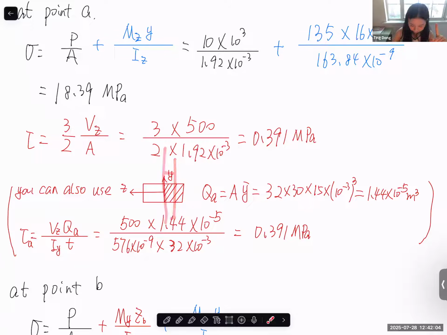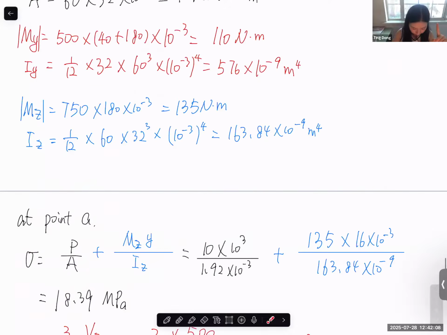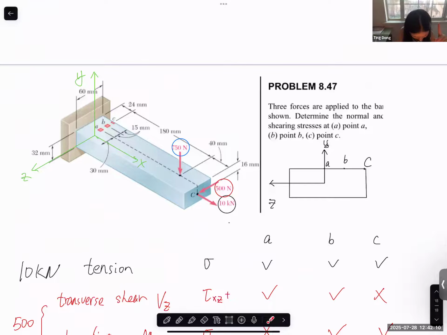So now this is Y bar, 15, because this dimension is, where is it? It's 60, yes, it should be 1/4, right?